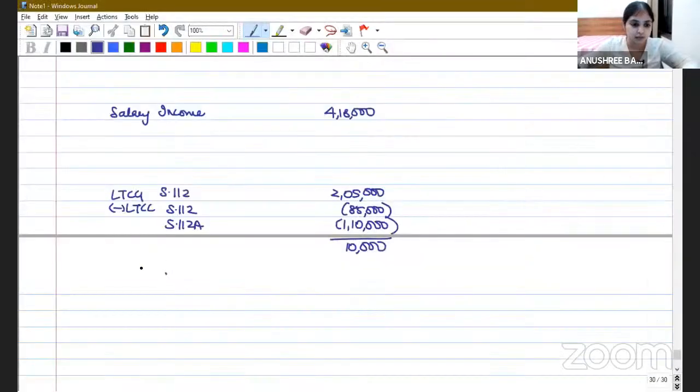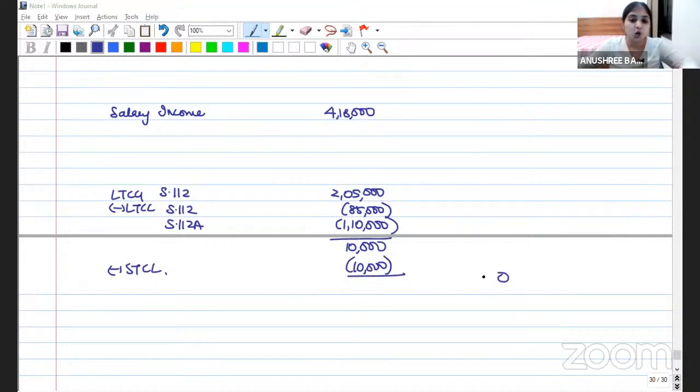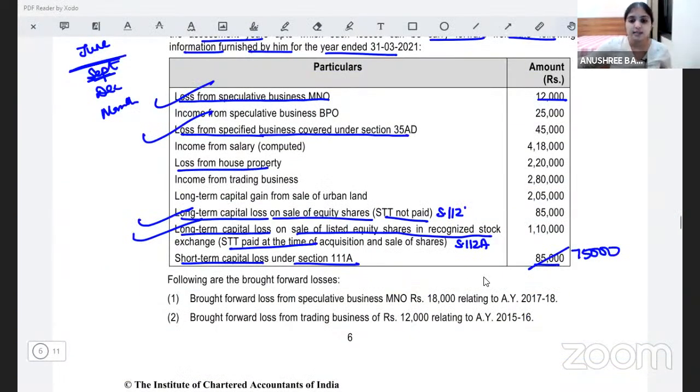A very common question students have: for section 112A, had it been income up to 1 lakh, it would have been exempt. So in that scenario, should we ignore 1 lakh of income and consider only 10,000? Nothing like that. A 112A loss is treated just like any other long-term capital loss. So the entire LTCL, 112 and 112A, can be adjusted against LTCG.